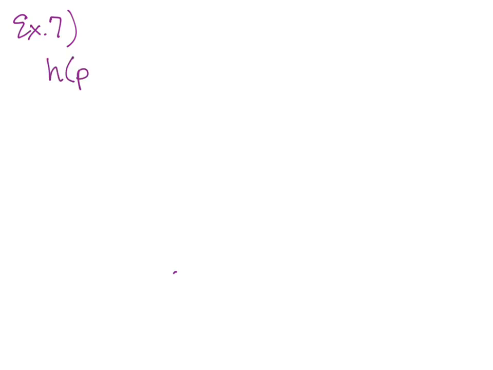I've officially gone crazy. This function is called h of p. h of p equals p squared plus 2p. Let me get you a hall pass. p squared plus 2p. Write that down really quickly. And then your instructions say find h of 4.